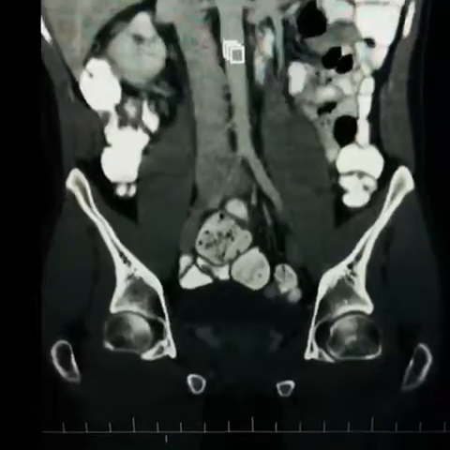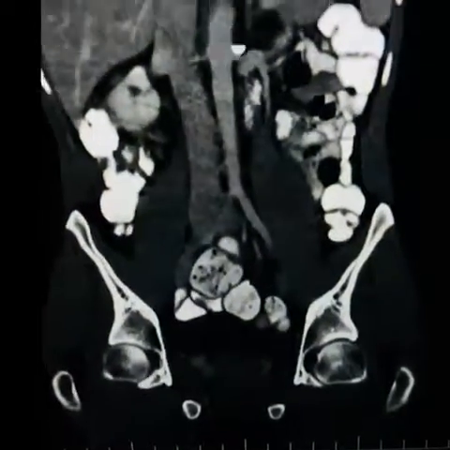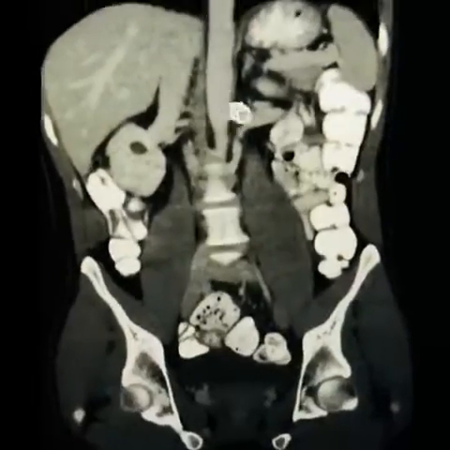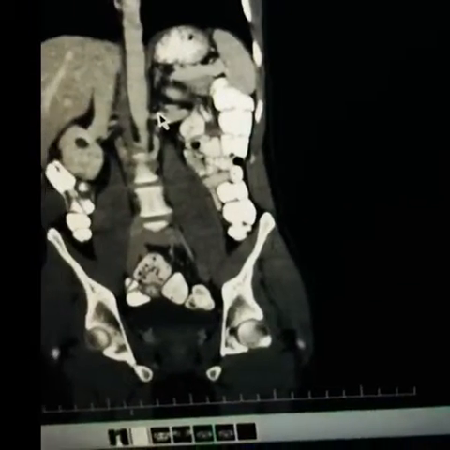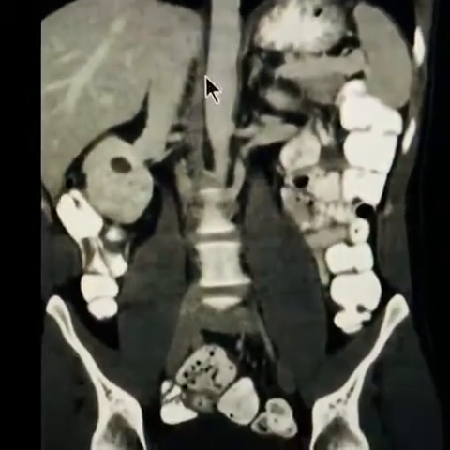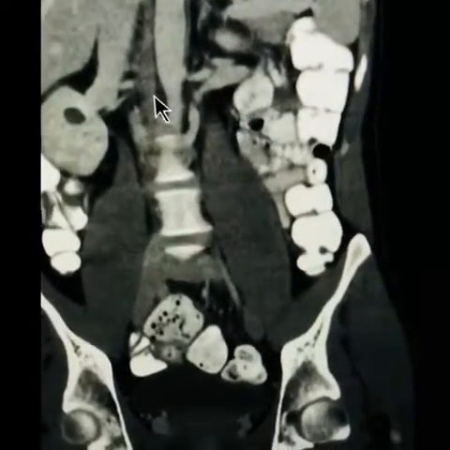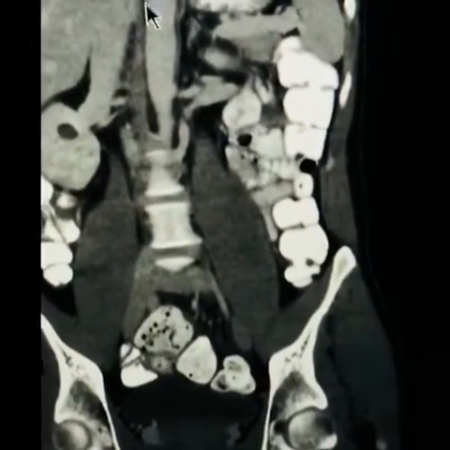Lastly, I want to point out the major vessels of the body, and we will get into a separate video on the vasculature of the body. This is the aorta, and I have an image of that. So the aorta is the main blood vessel that the heart pumps blood out of. The blood leaves the heart, goes through the aorta and down the aorta.